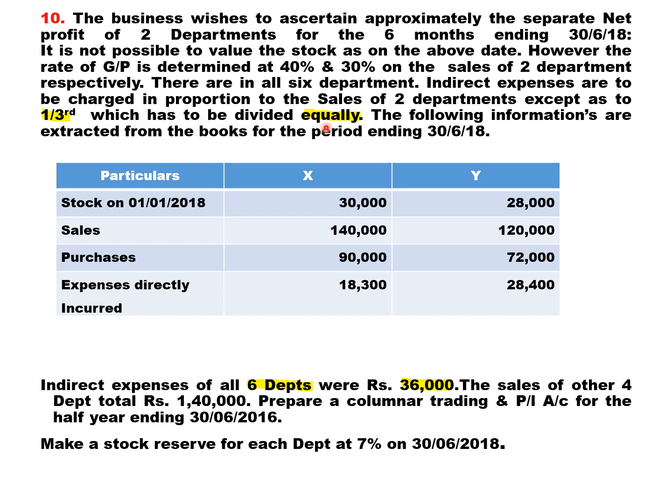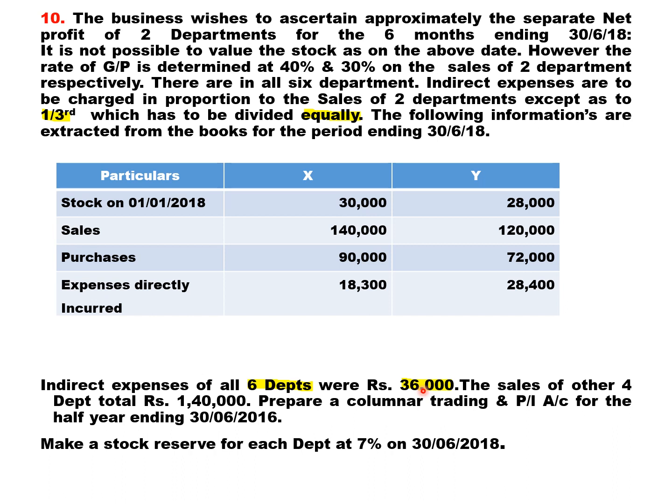Indirect expenses are to be charged in proportion to the sales of 2 departments, except as to 1/3 which has to be divided equally. So what do you understand from this? Look at the bottom: indirect expenses of all 6 departments were 36,000.